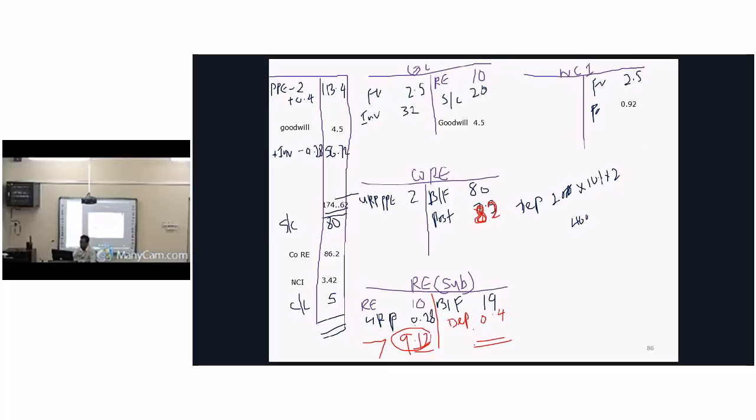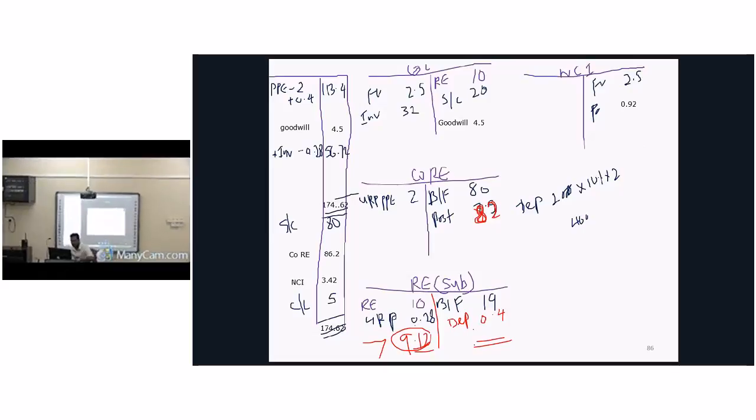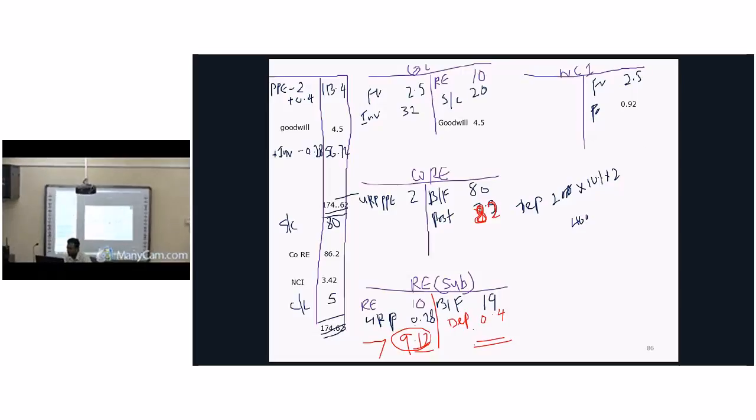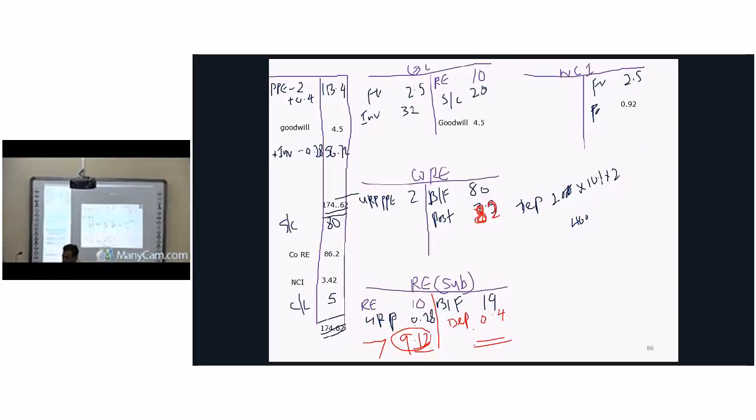Now this will be balanced. 80 plus 86.2 plus 3.42 plus 5. Yes, now it is correct. 174.62. I passed this double entry in the wrong way. That's why I didn't balance this answer. Actually, there is a difference of 0.8. And that's all about it.